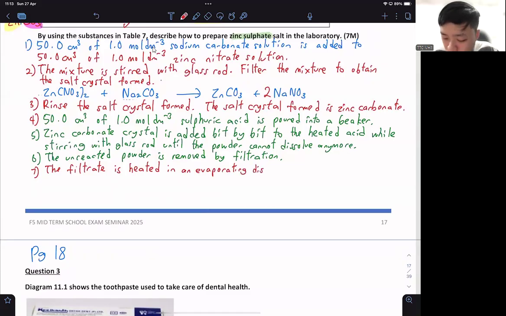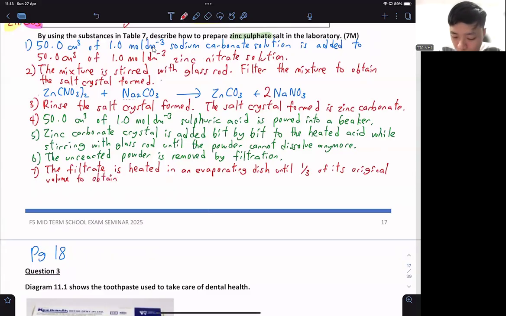In an evaporating dish, until 1/3 of its original volume to obtain a saturated solution. Means you get the salt crystal lah. Salt crystal with the water. You can call it saturated solution.